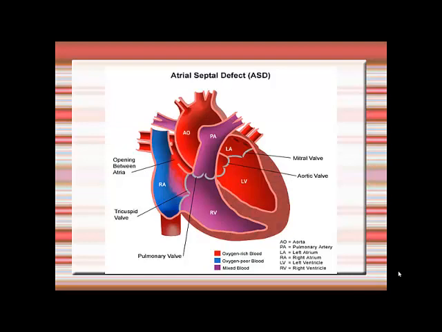And this is the atrial septal defect, a picture of it, and you see at the top of the heart, at the right atria, there is an opening between the atria, and you can see how, because of the left-sided heart pressure, the blood is shunted back over to the right atria, and so that's going to mix a little oxygen-rich blood with the blood that's going to go to the lungs.